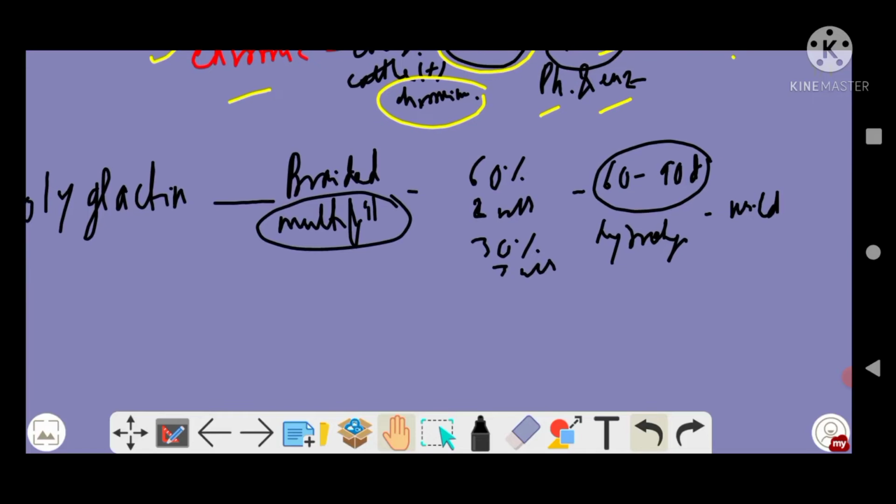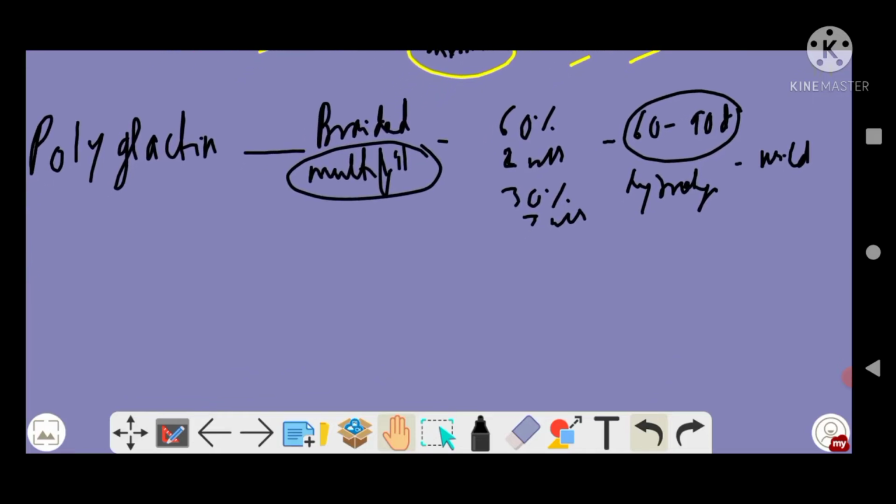So this is about your multifilament polyglactin. If we talk about your monofilament, same polymer, copolymer of glycolic acid and trimethylene carbonate this time.